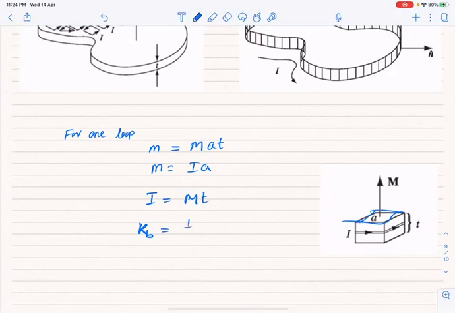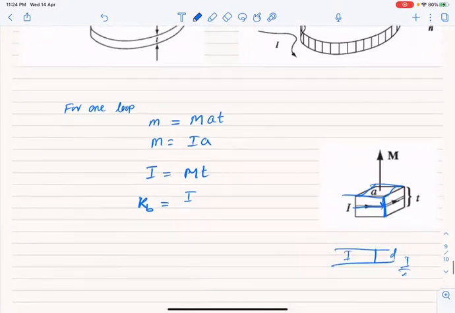So the current is flowing like that and the perpendicular length is T. If you remember the old lectures where I showed you, if there is a current I flowing like that, and this is some D, then I by D is nothing but K. So here I by D is nothing but the surface current. Similarly here, your I by T will give you K_B, and if you look at I by T, that is nothing but M.